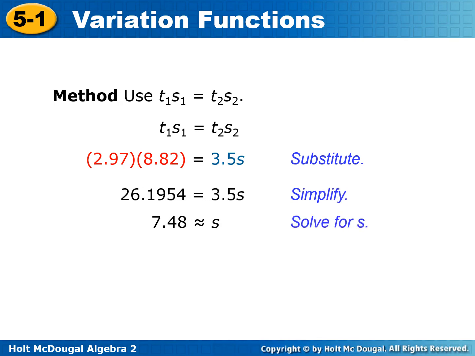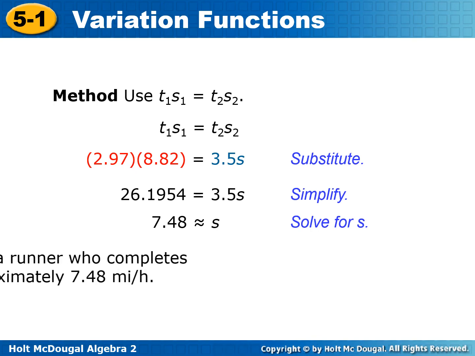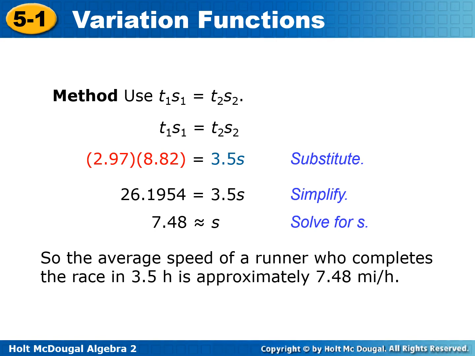So s is approximately equal to 7.48. So the average speed of a runner who completes the race in 3.5 hours is approximately equal to 7.48 miles per hour.